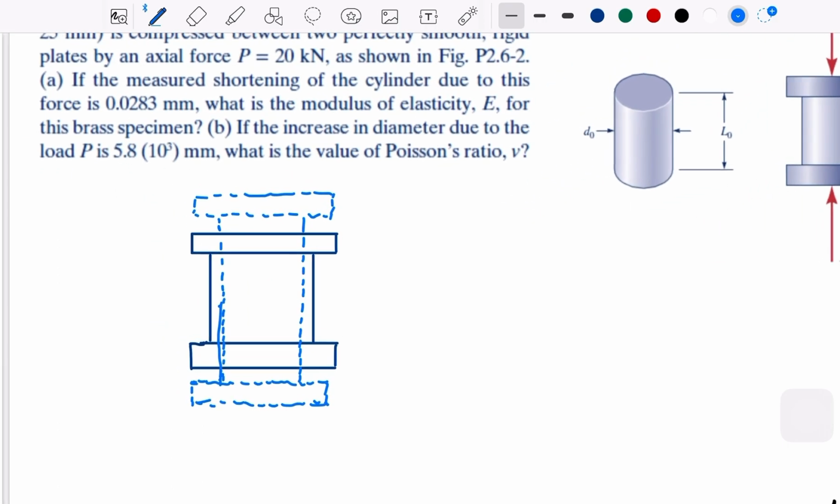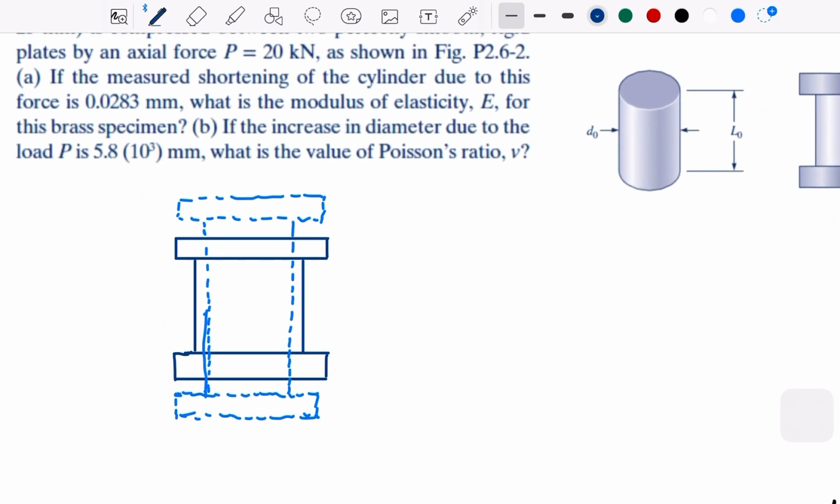So let me rename. This is the new length. Let me write the new length as L with a star, with an asterisk.